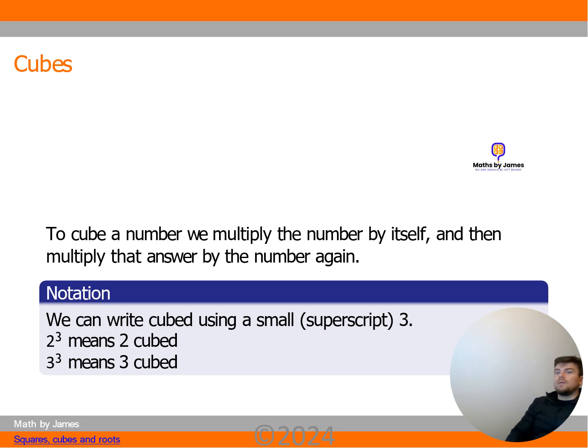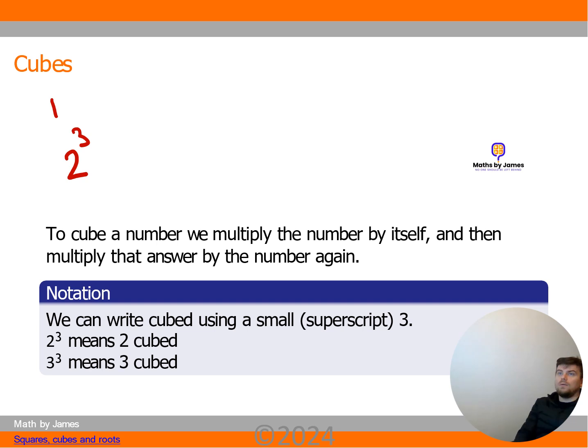To cube a number, we need to multiply it by itself and then multiply by that answer again. So when we cube something, it's 2 cubed. In a sense, what this does is it makes it 3 dimensions.